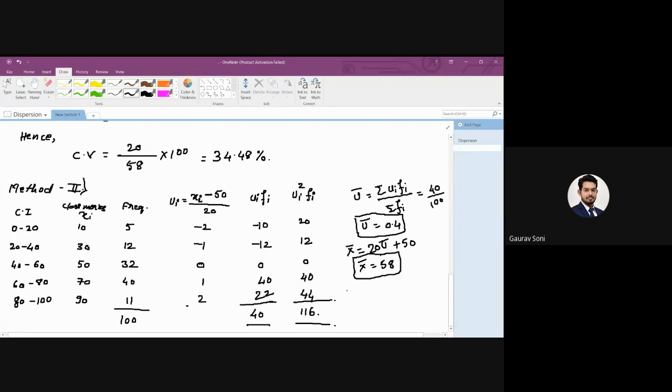Similarly, we will find sigma u. The formula for sigma u is under root summation ui square fi upon summation fi minus summation uifi upon summation fi whole square. Let's put the values in the formula.